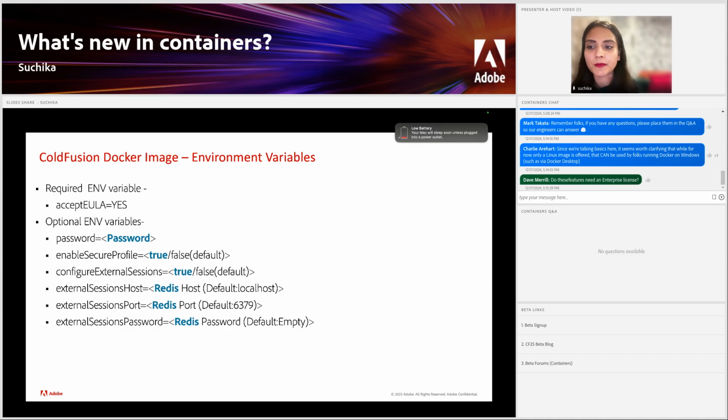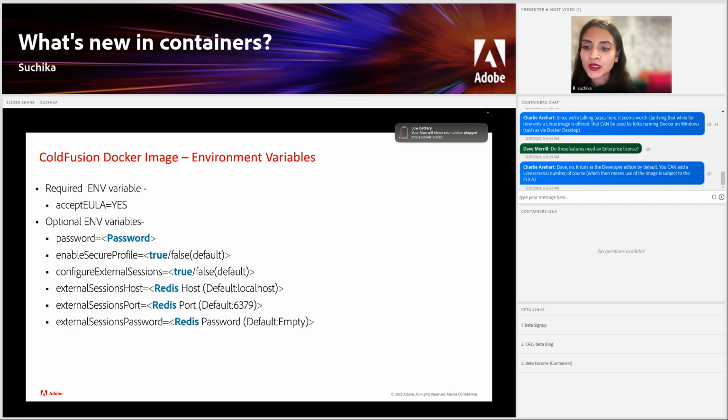We have password, which is used to set the ColdFusion administrator password. We then have enable secure profile, which is used to enable or disable the secure profile of your ColdFusion server. Then you could define your external session storage, which in our case is Redis.